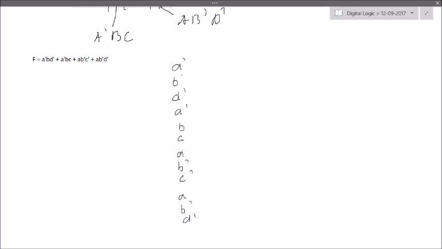So this would be the inside NAND gates. It's all of the NAND gates.